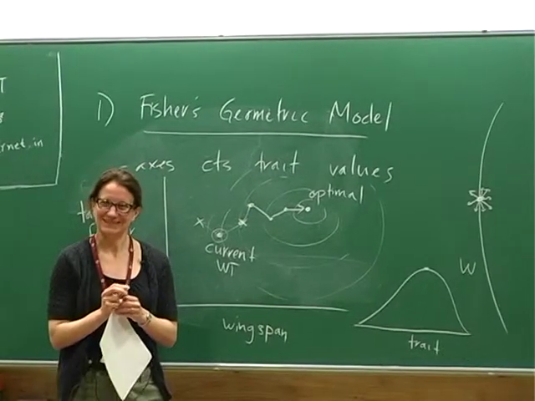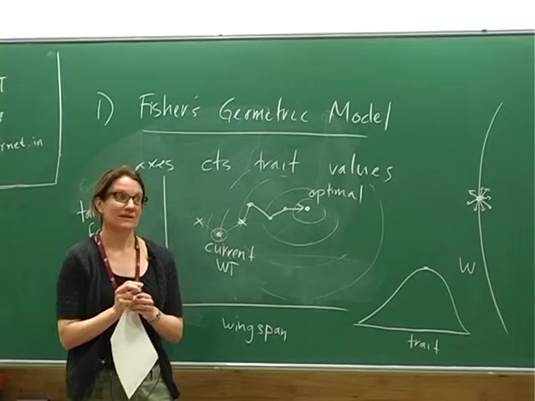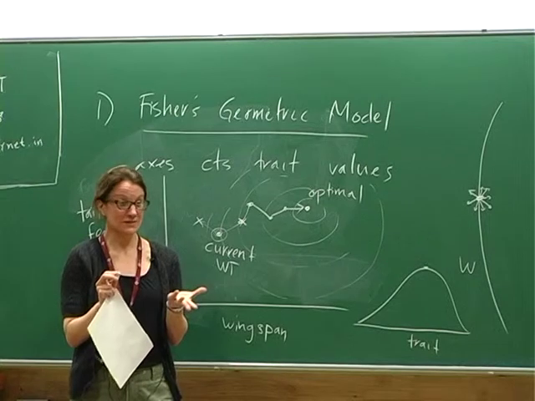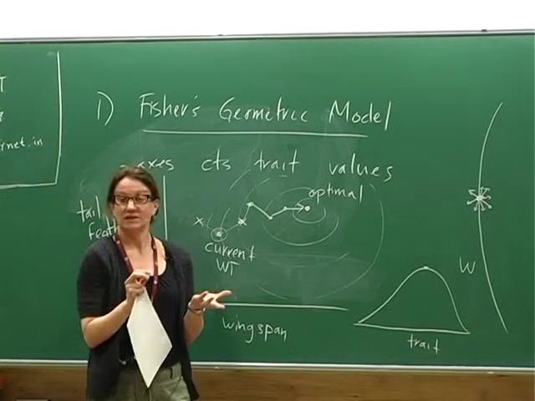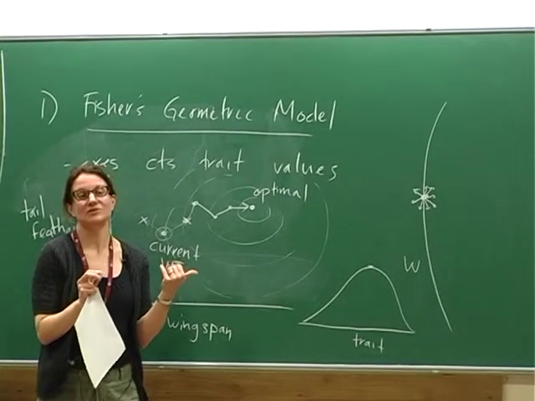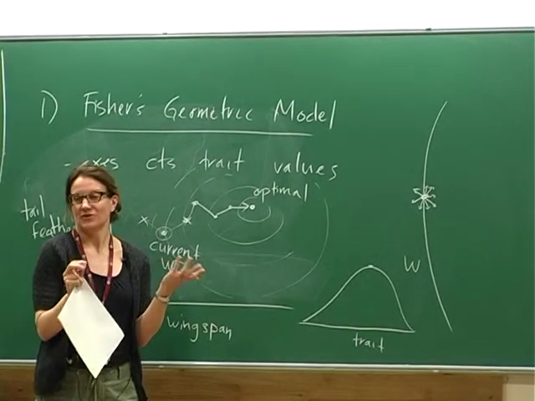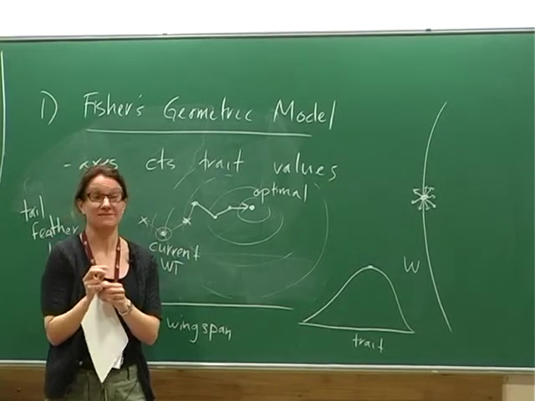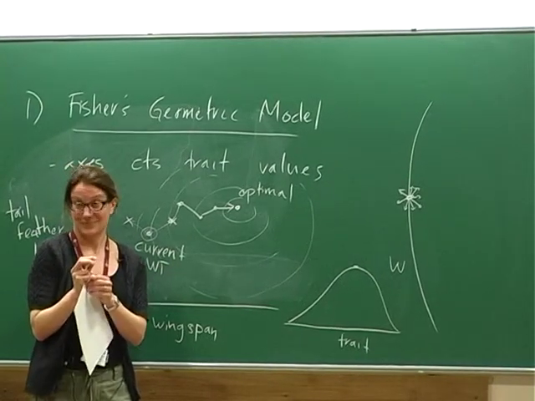That's the optimal fitness. The question was, how do we know that there is a best possible fitness? We don't really. We just assume, and we don't need to know what it is for the model, but we assume that it's reasonable that there might be one, which is a questionable assumption. Absolutely, in fact, there's a lot of argument about that.